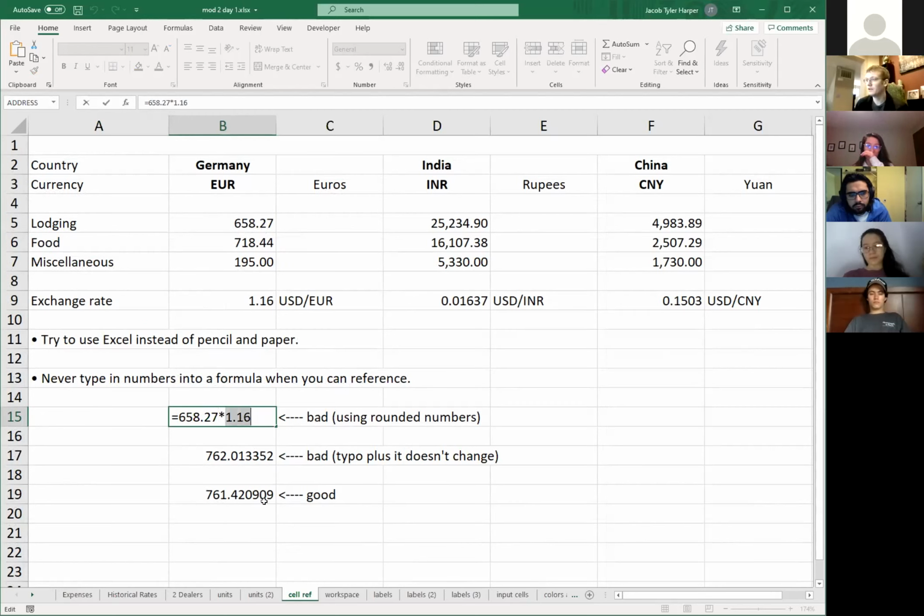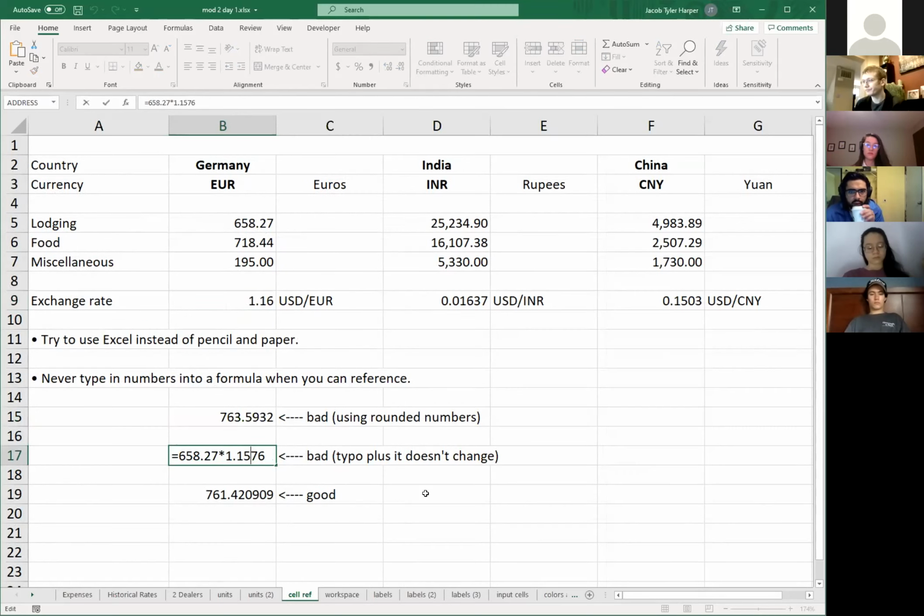A few different things can arise when you do this. For one, this isn't actually the exchange rate, even though it looks like it is. Sometimes, if I click on this, there's actually more numbers there and they're being rounded and you just might not notice that. And so you might round on accident and then you're off by a penny, whole problem's wrong.